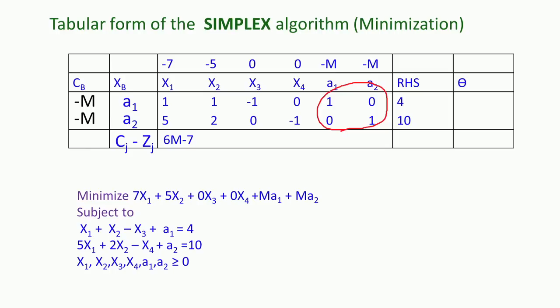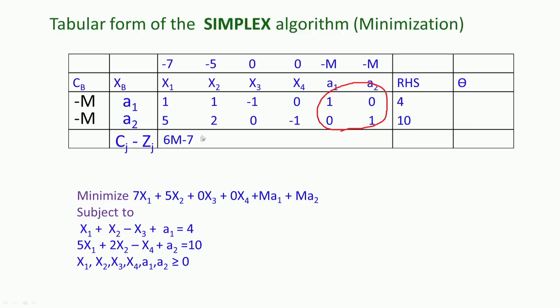There are two ways of doing it. I can give an explicit value to m. Because the other coefficients are smaller, like 7 and 5, I could have given m is equal to 100. But then if there were some other problems where these coefficients are large, now m should be bigger than that. Therefore, I am simply using m as a number which is large, positive and tends to infinity.